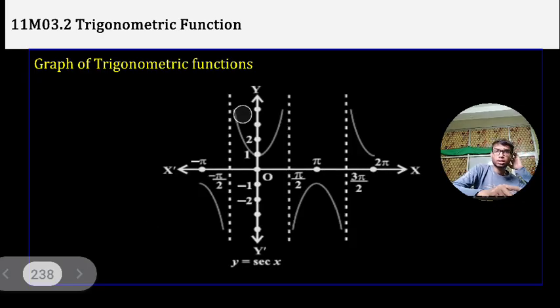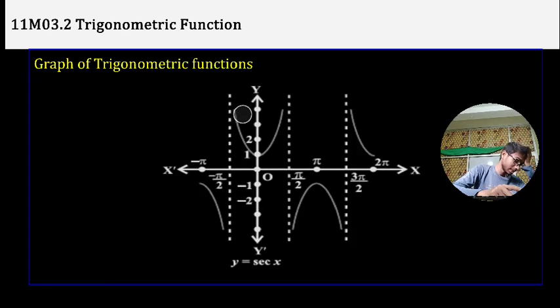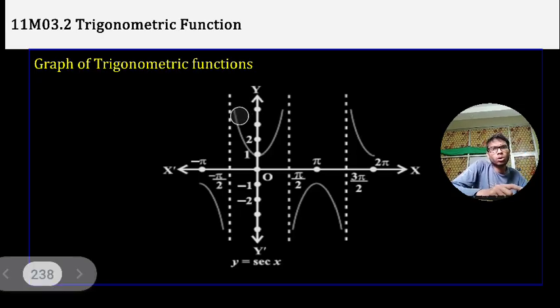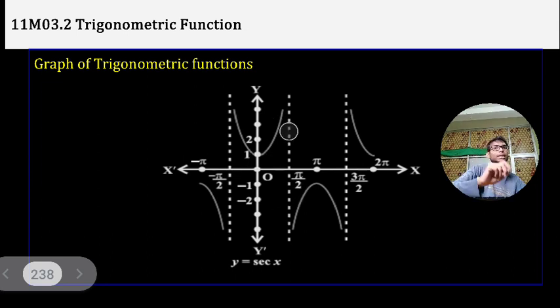Now next we have sec x. Here you can see when we enter x as 0, then we are getting 1. That means it is starting from 1, but at 90 it is infinity.